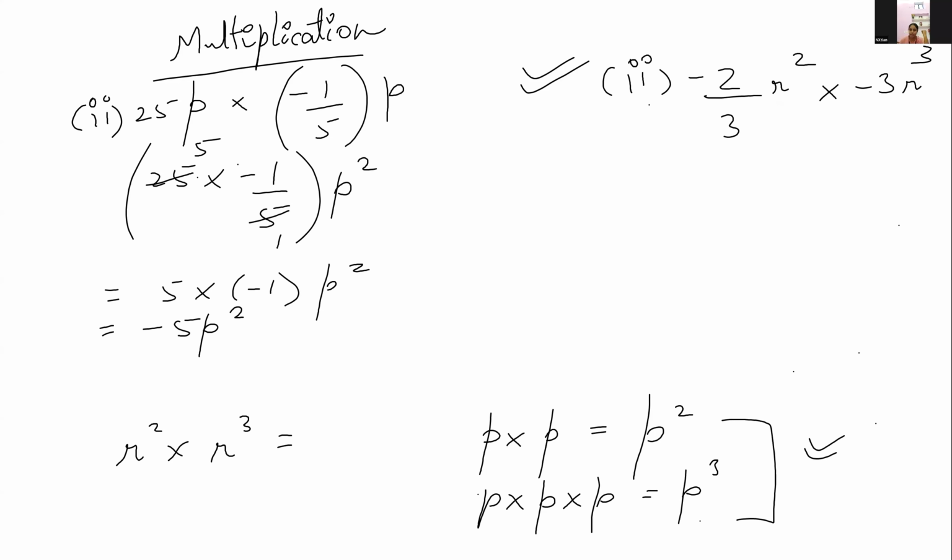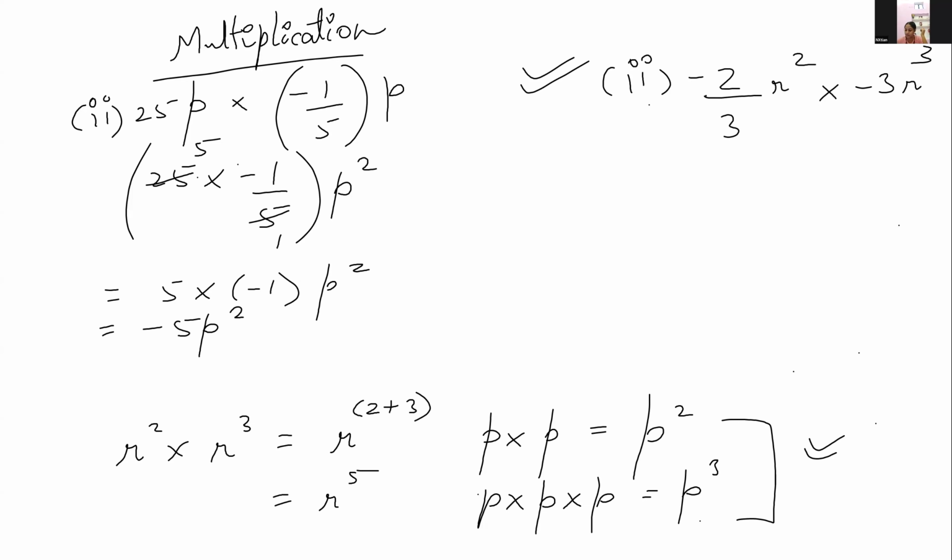So what I can do, I can add the powers. The variable remains the same. I'll add 2 and 3. So it becomes r raised to the power 5. Okay, like this we add the powers. If there's the same variable with different powers, we just add the powers together in multiplication.